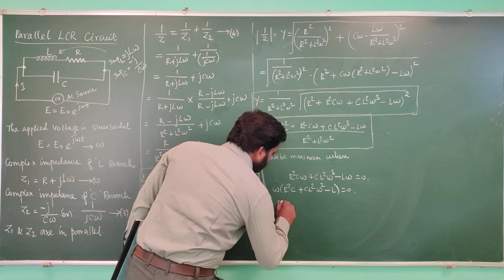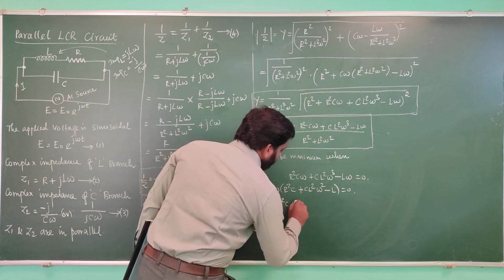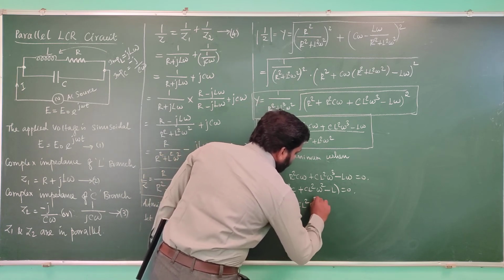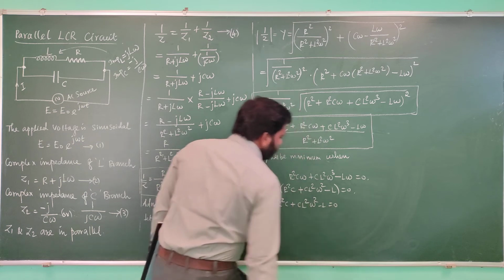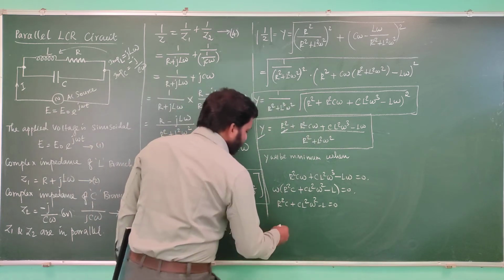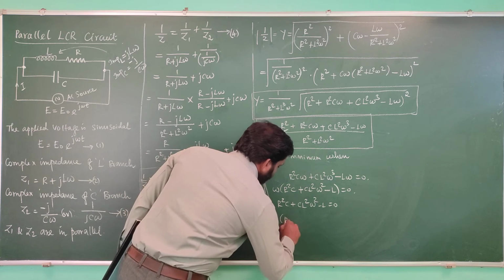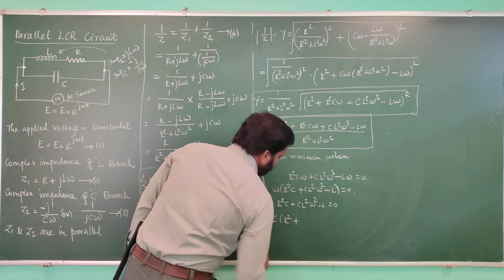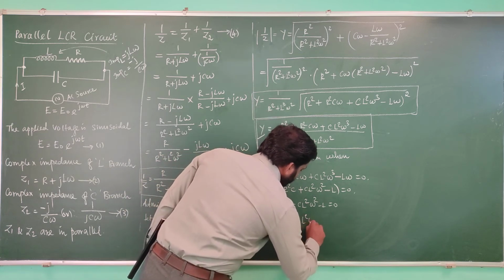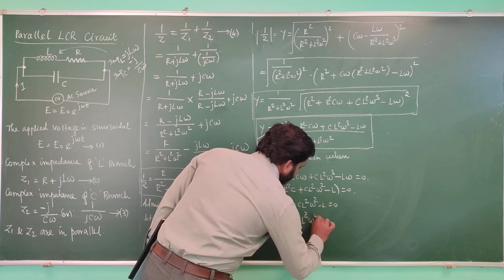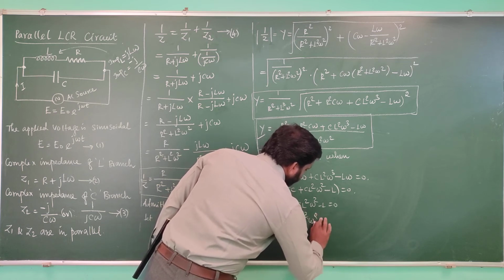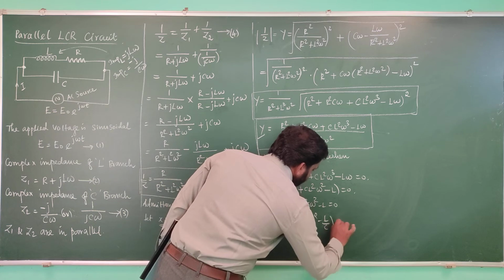So now r square c plus c l square omega square minus l will be equal to 0. In this we can take c common out. So r square plus l square omega square minus l by c is equal to 0.